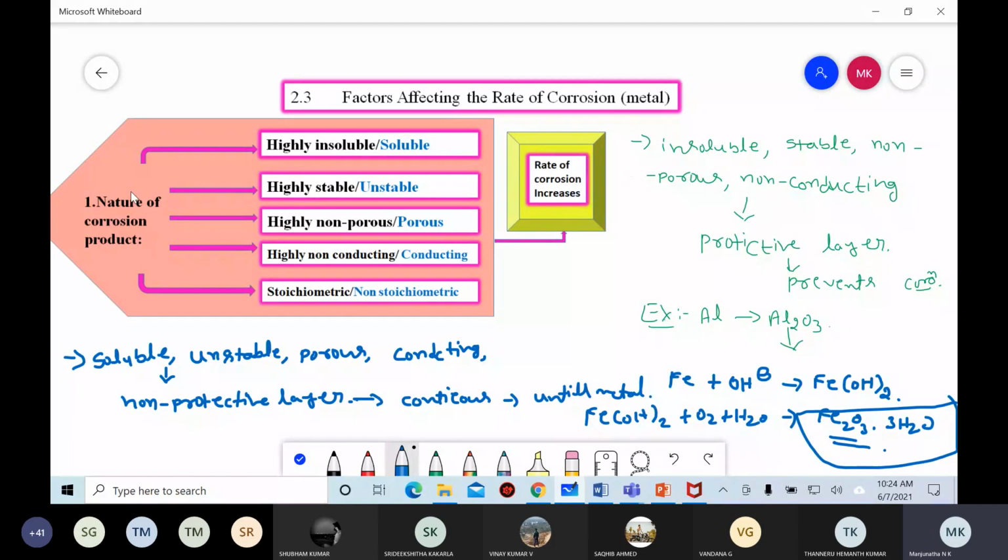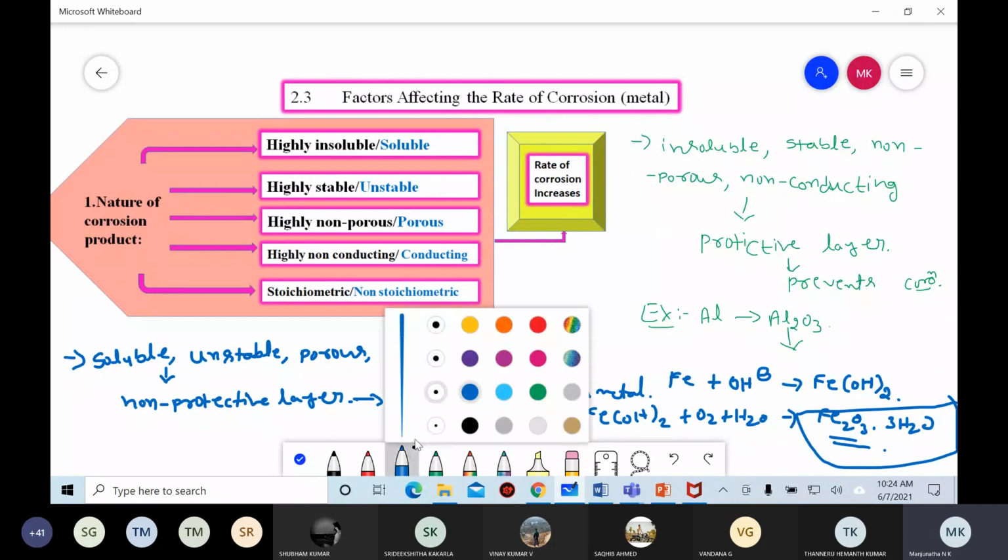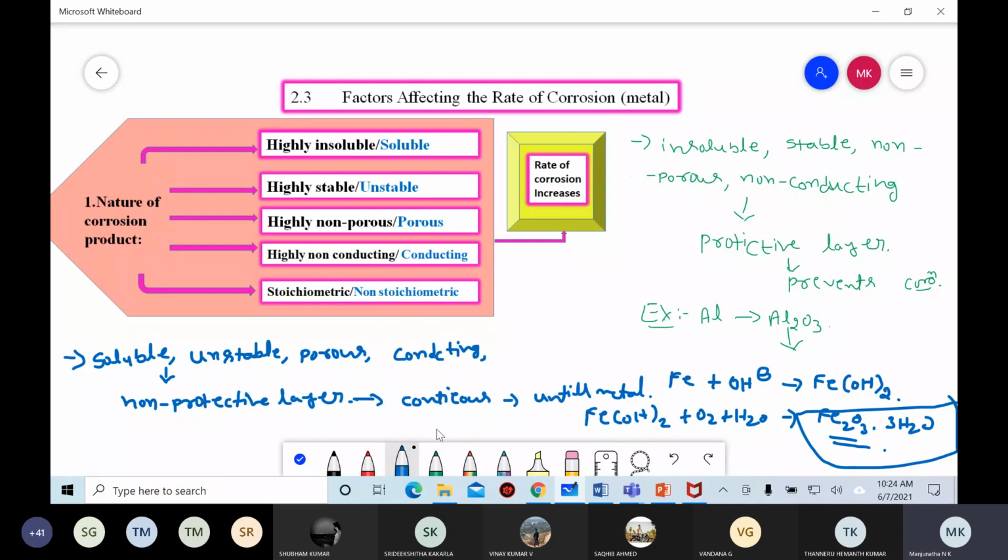Is it clear for you? Any doubt in this? Any doubt, you can ask now, in this nature of corrosion product or nature of metal. These two are very, very important. If they ask the nature of corrosion product, you need to write these 2 points. Is it clear for you?